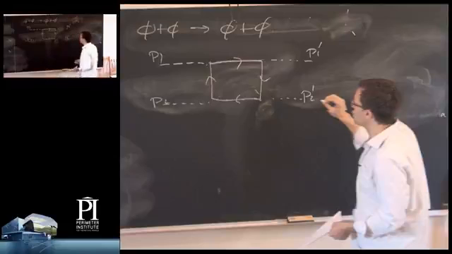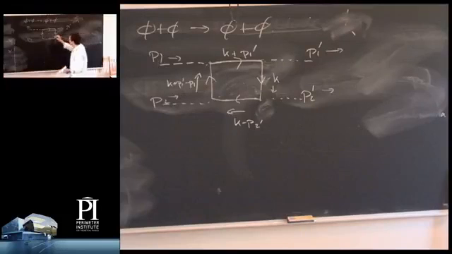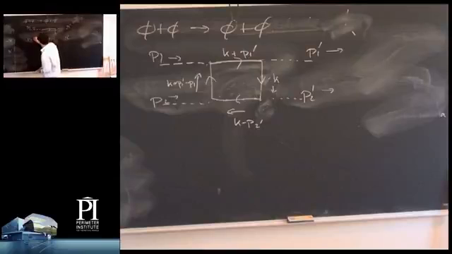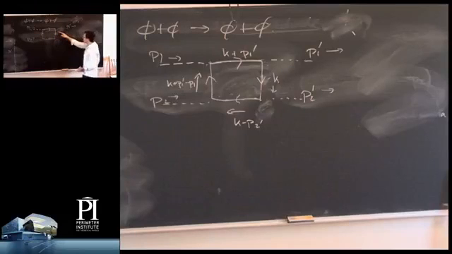the amplitude for this, I can just use the Feynman rules again, but I have to be a little more careful. Remember, this momentum is coming in, and this momentum is coming out. And then I'm going to have to pick an arbitrary momentum on one of these sides. So let me just pick this side. Let me say there's a momentum k running here, but then I've got delta functions at each of the places.